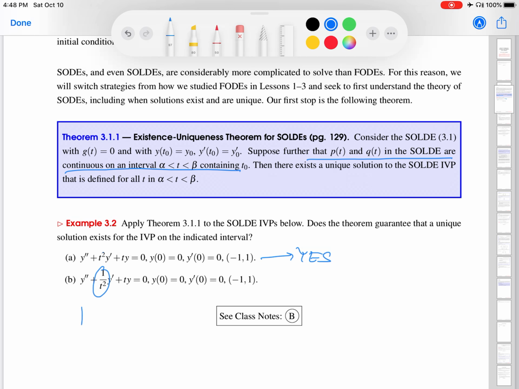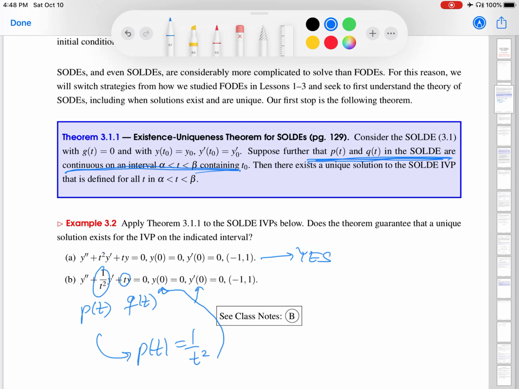Now we're going to run through the exact same check for B. This is the P of t function, and you can kind of see what's going to happen here. This is the Q of t function in this case. The problem with this one is that P of t equals 1 over t squared is not continuous at 0, the t value that the initial conditions are given at. So this assumption is not satisfied.